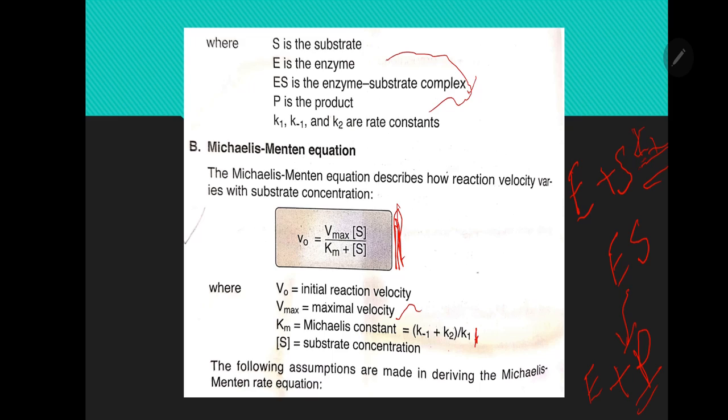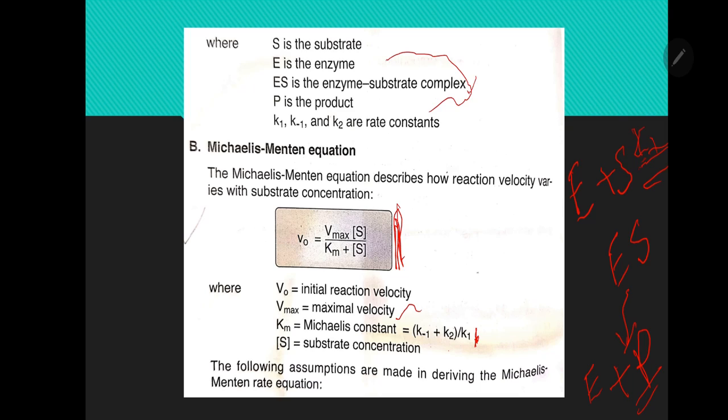Listen, Km is numerically equal to the substrate concentration at which the reaction velocity is equal to half of Vmax.